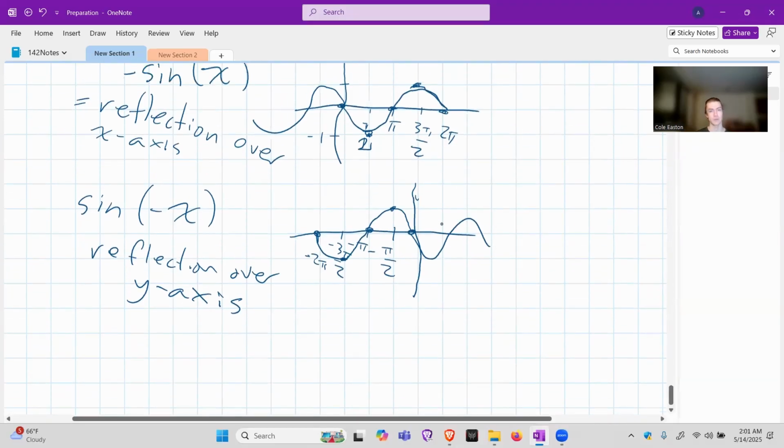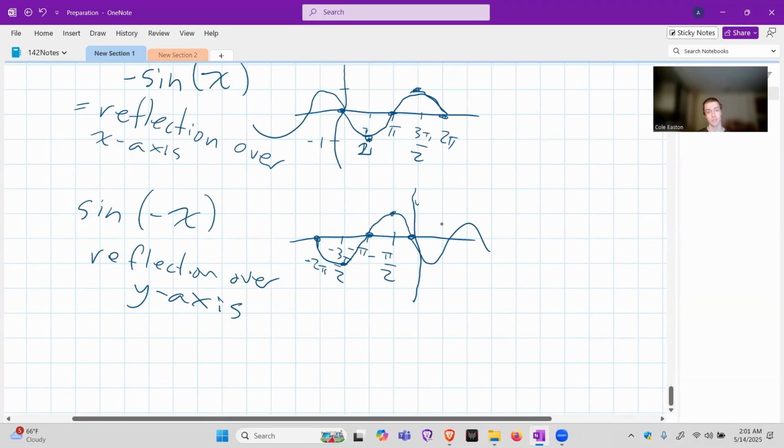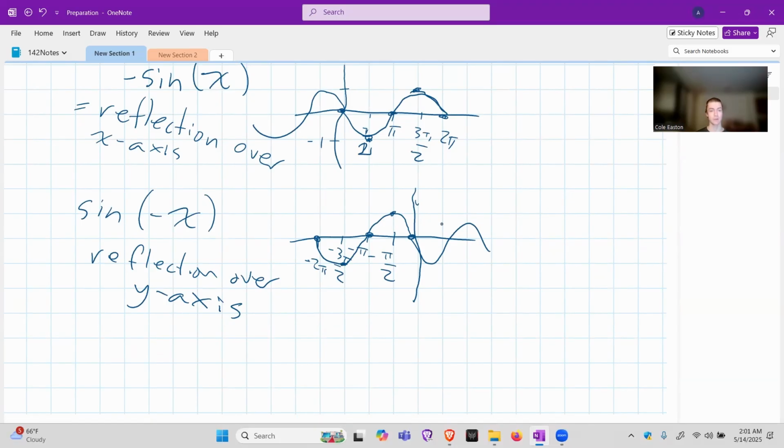And the reason that these are the same is because sine is what's called an odd function. Odd functions are when f of negative x equals negative f of x.